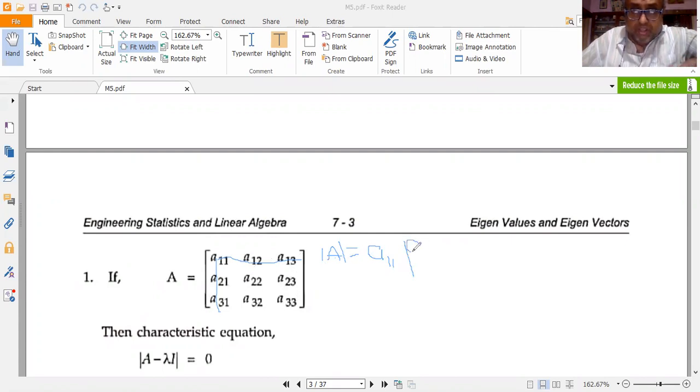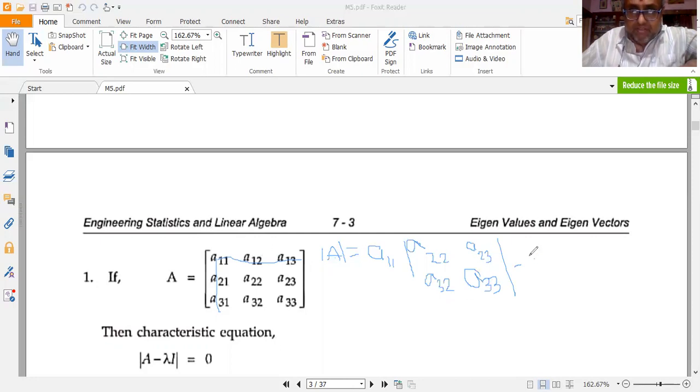So this would be A22, A23, A32, A33. Okay, now next minus comes. Minus the second element of the first row.